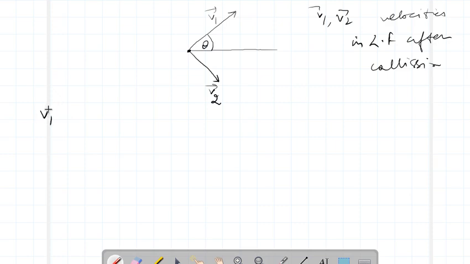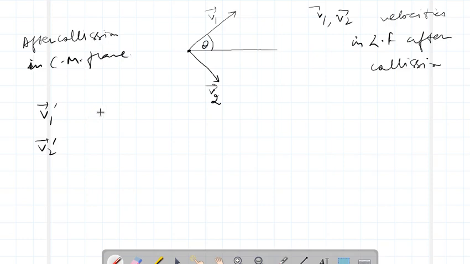So v1 prime and v2 prime, let me call these the velocities after collision in center of mass frame, and say it is the direction of v. This direction of v means the velocity of center of mass, right? So then this can be written as v1 minus v, and it can be written as v2 minus v.